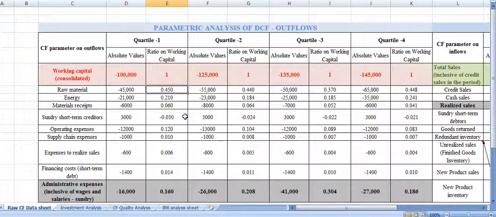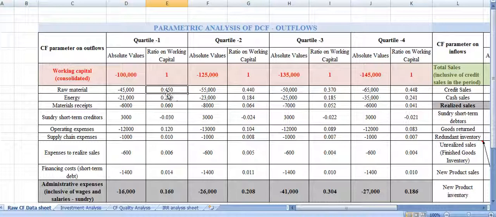So this cash flow analysis sheet is drawn from the plastic industry, wherein the raw material is typically around 40 to 45%, or it could be even higher, maybe around 50%. So it hovers between 40 to 50%.